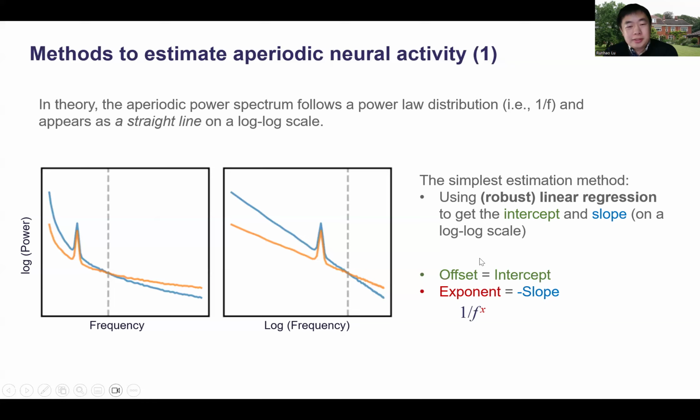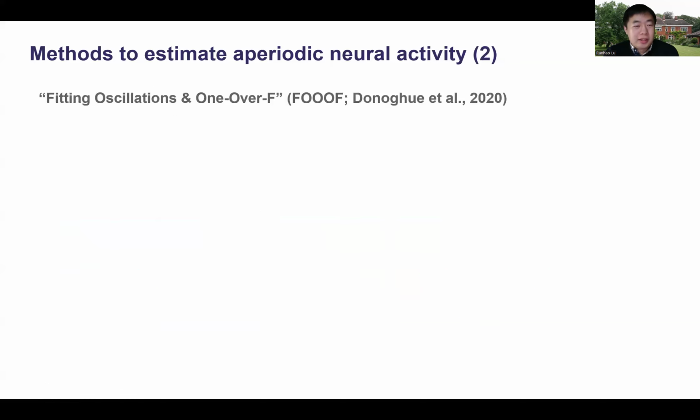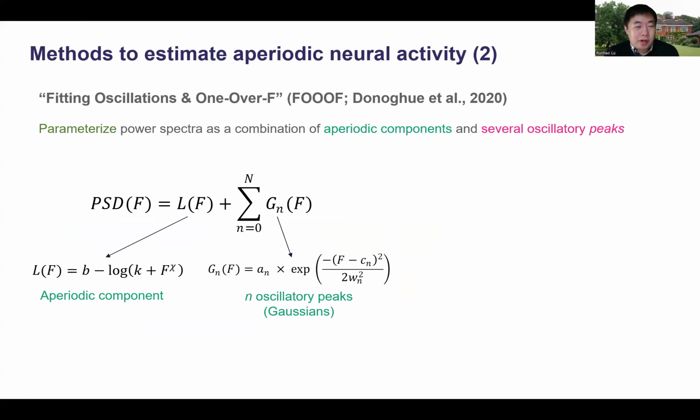So this is the very simple method to use, and now we also have some advanced methods. One of the most influential ones is called FOOOF, fitting oscillations and one over f. It is a parametric method that parameterizes the power spectrum as a combination of both aperiodic components and several oscillatory peaks. So this is their formula.